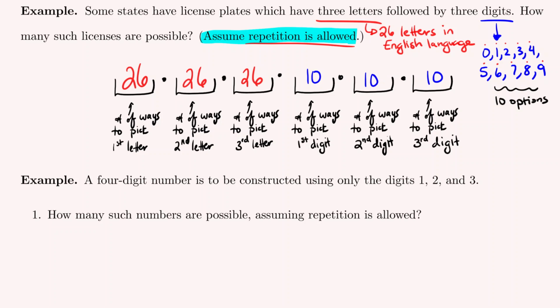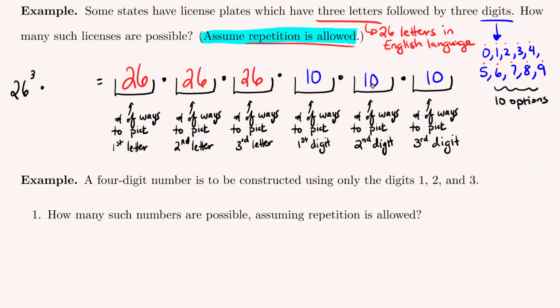Now, this is going to be an extremely large number. Some of y'all's calculators won't even be able to calculate it. It will give you something in what we call scientific notation. So when the number of ways something could occur is very large, instead of writing it out in scientific notation or a very large number with many, many digits, we can use exponents. 26 multiplied by itself 3 times is written mathematically 26 cubed.